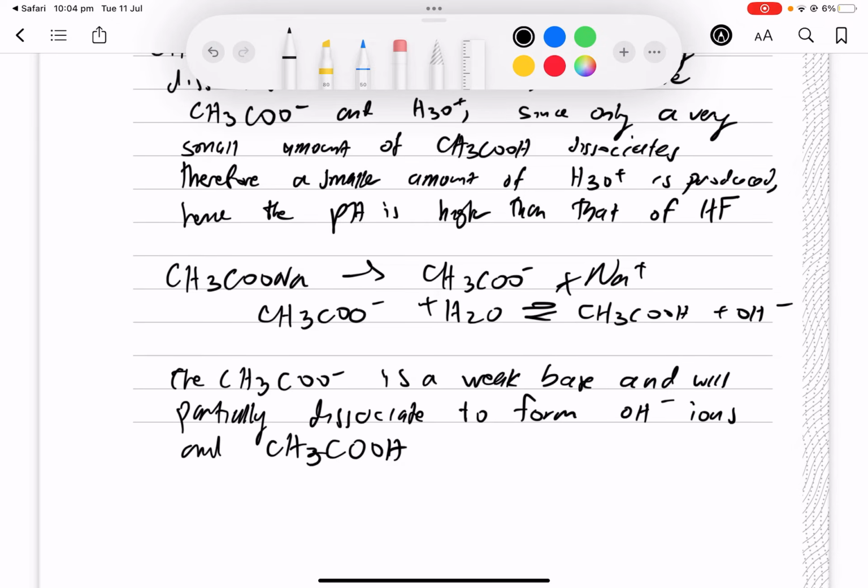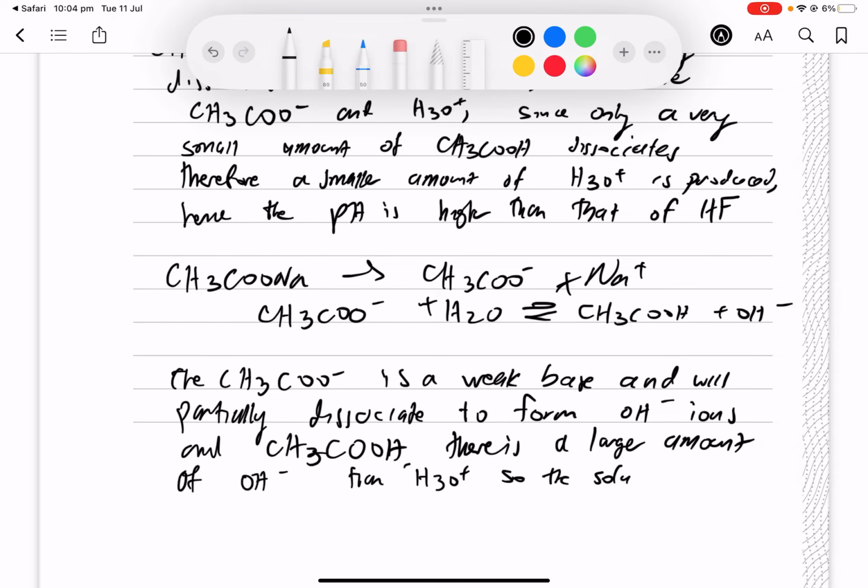So there is an excess of OH minus ions, so the solution is basic and therefore has the highest pH.